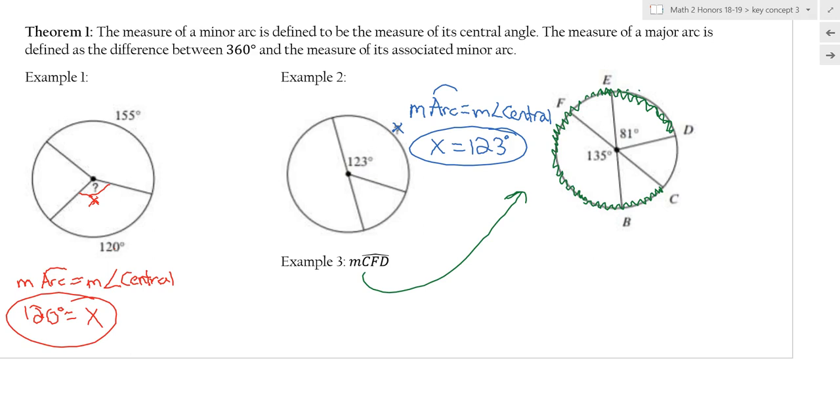So that means I need to know all of these angle measurements. Okay. We'll start with this one. This is a line, meaning this whole thing is 180 degrees. So to find right here, right, I'm going to do 180 minus 135 equals 45 degrees.